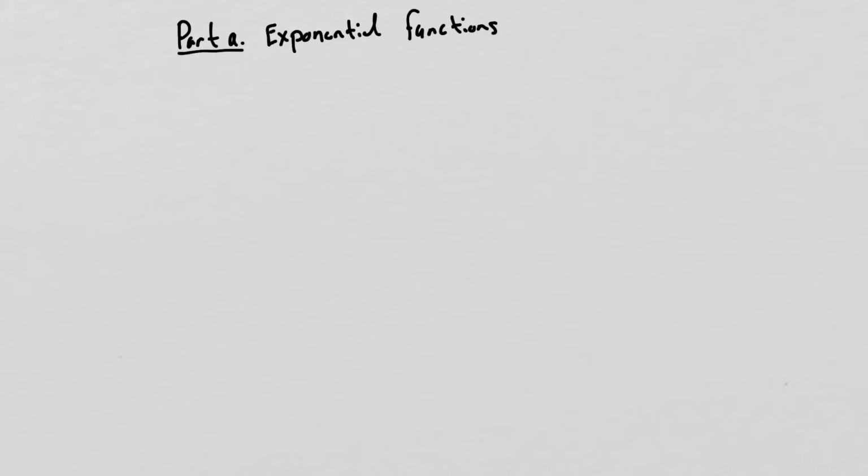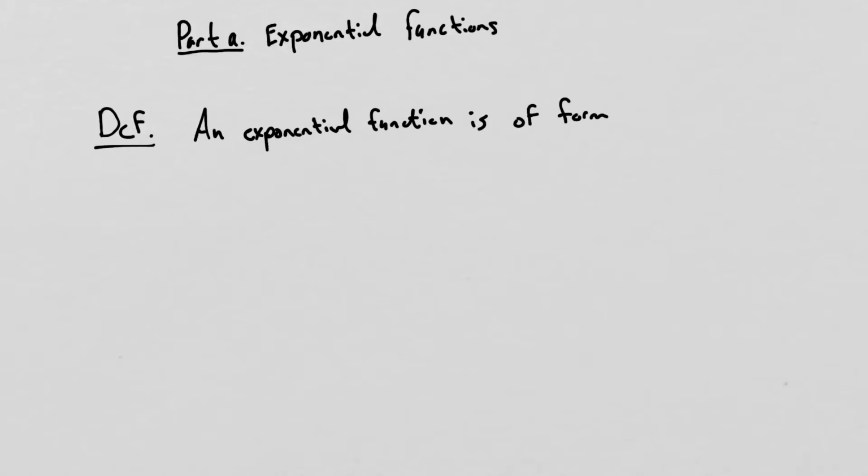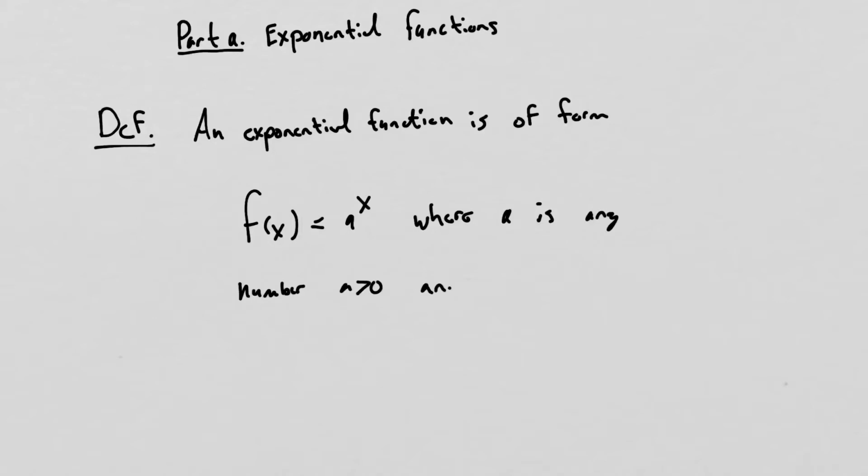We'll begin this section by just looking at the definition of an exponential function. An exponential function is of the following form: f of x is equal to a^x, where a is any number greater than 0, and we also have that a is not equal to 1.